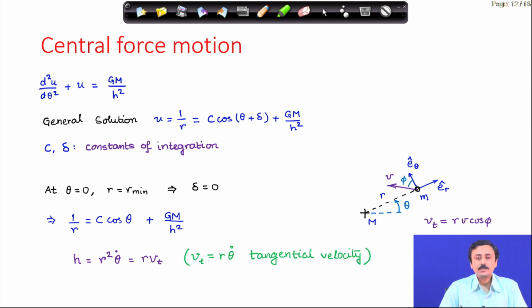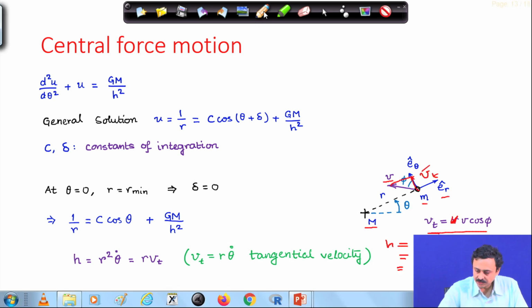Here we set the phase delta as 0 by considering that at theta equal to 0, r is equal to r min. Therefore, we start measuring theta from that radial line where the radial coordinate is minimum, and in that case delta turns out to be 0, and we have discussed these relations.